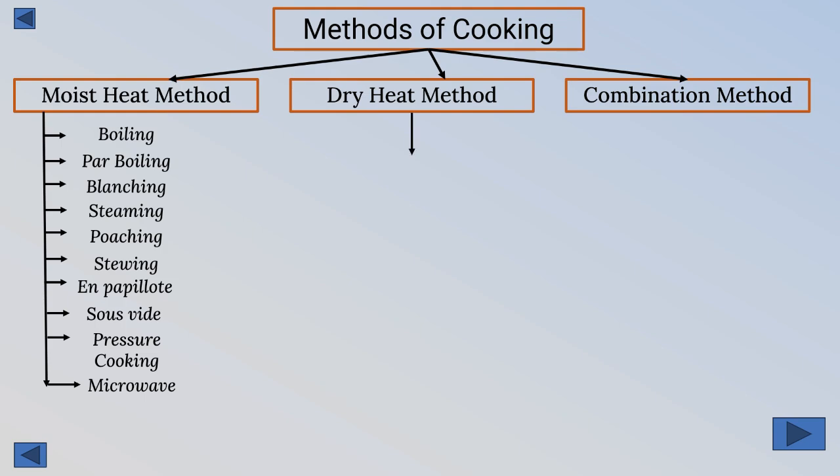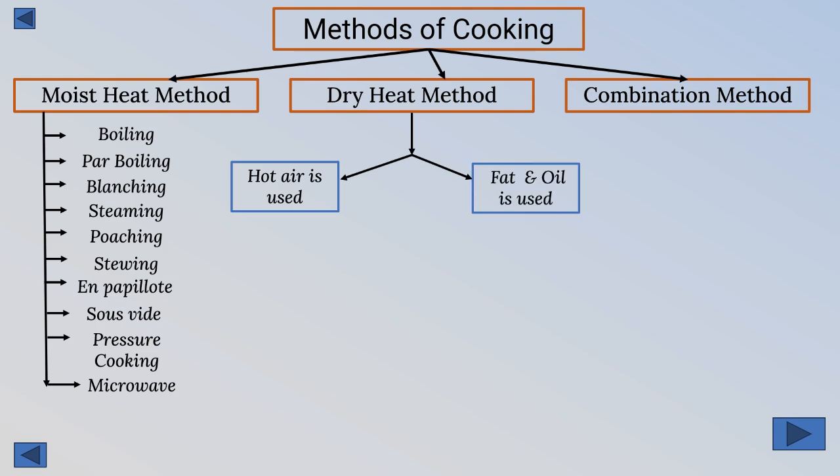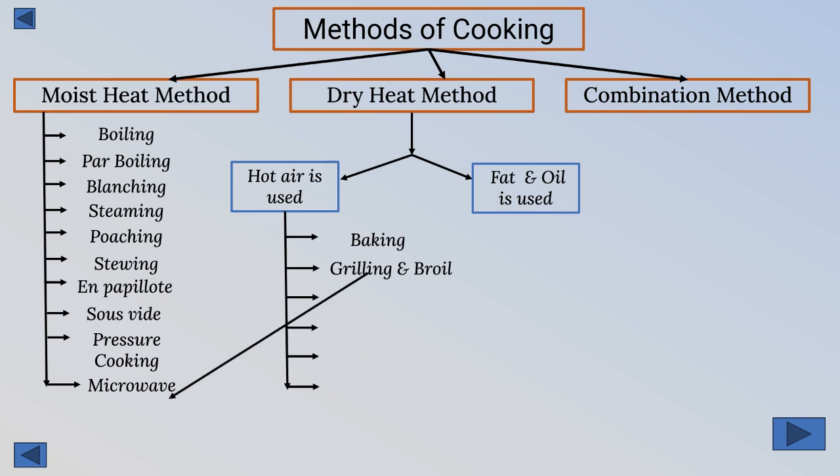Now then, dry heat method. Dry heat method is subdivided into two categories. One is the hot air method, where the heat is passed through hot air, and another one is the fat and oil method, where heat is passing through the fat and oil. Out of these two, we have already discussed the hot air method, and under it the methods we have discussed are baking, grilling, and broiling.